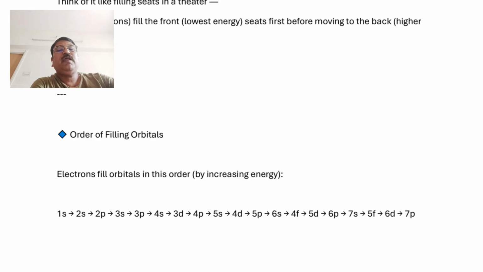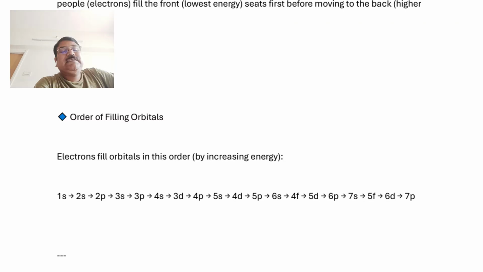Now, according to this above principle, there is a series of atomic orbitals, a sequence of atomic orbitals for filling of electrons. See the sequence in the slide. Remember that 1s orbital is the atomic orbital which is having the lowest energy level.